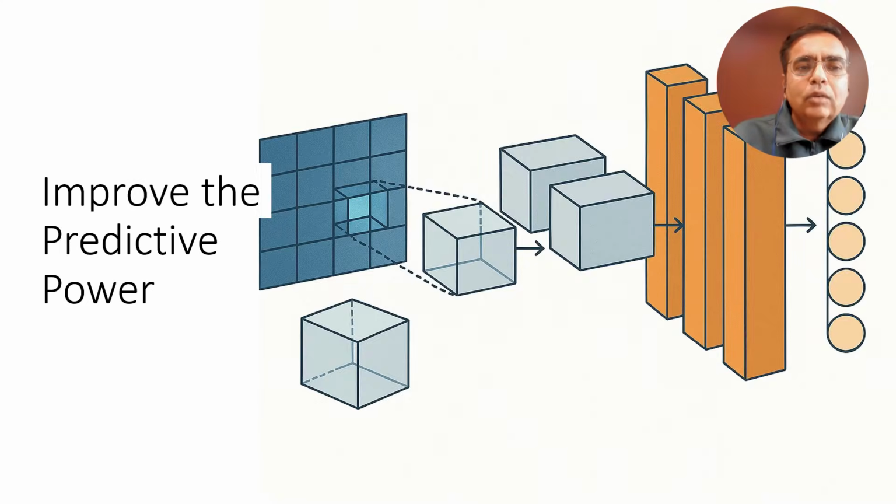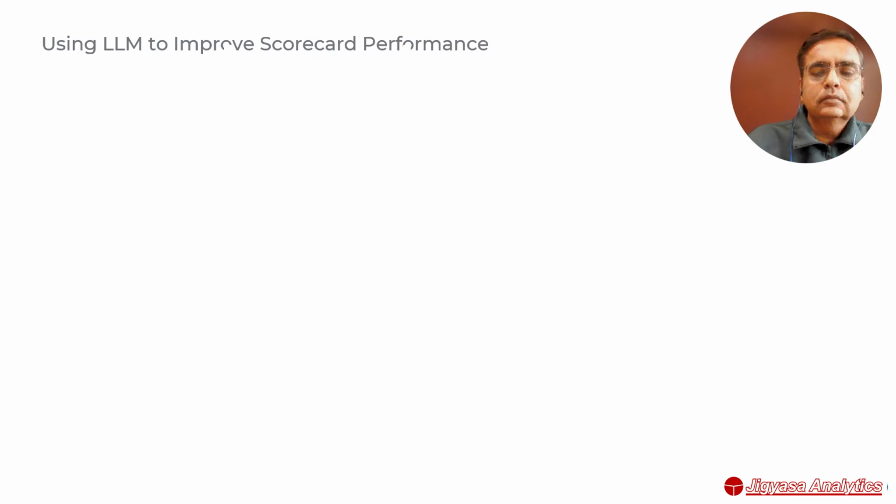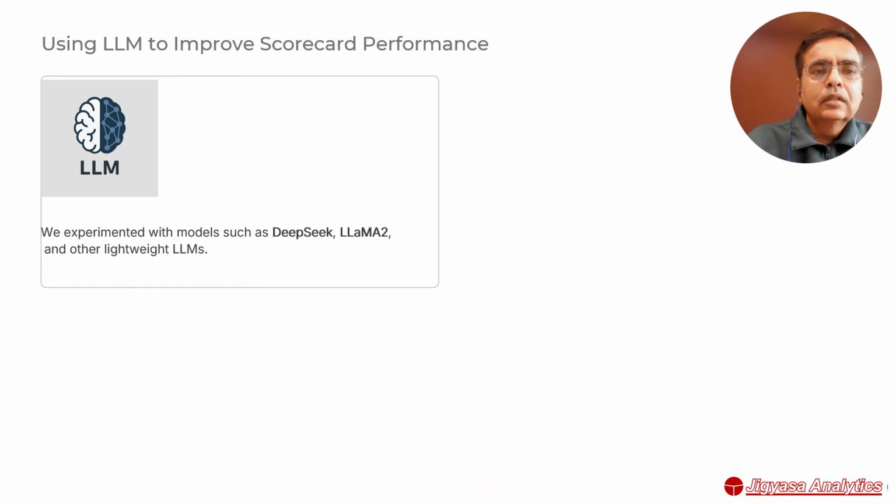Let us now talk about how AI techniques can improve the predictive power of a credit risk model. So we started by experimenting with models such as DeepSeek, Llama 2, and several other lightweight large language models. And some of you might have seen or attended our webinars on this.